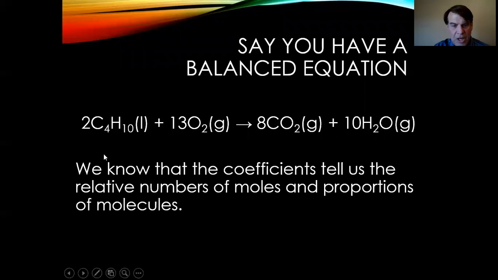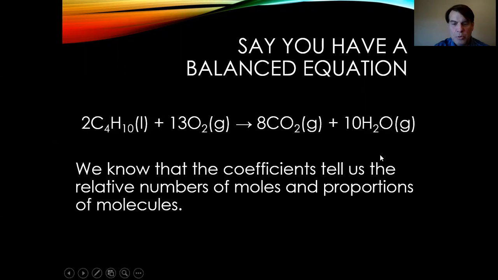Now, these coefficients tell us the relative ratios of, for example, molecules. I need 2 butane molecules and 13 oxygen molecules in order to get 8 carbon dioxide molecules and 10 water vapor molecules.